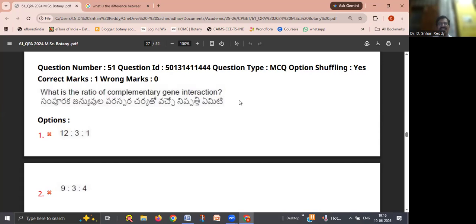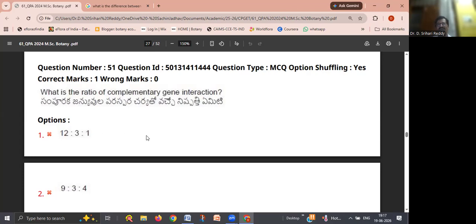Here we see there are different kinds of gene interactions: complementary genes, duplicate genes, epistatic genes. These are referred to as non-Mendelian genetics. Here you see 12:3:1. This is the ratio. What is this ratio? You have to remember.